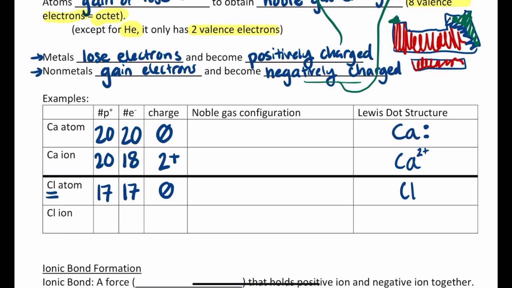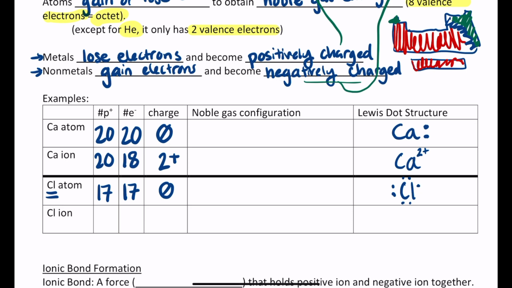When we're thinking of the number of valence electrons, we don't look at 17, we look at that 7A, and that tells us that it has 7 valence electrons. So we will draw 7 dots around the chlorine. In general, we tend to pair things up first. And then if we have an odd number, there's going to be a dot that's all by itself.